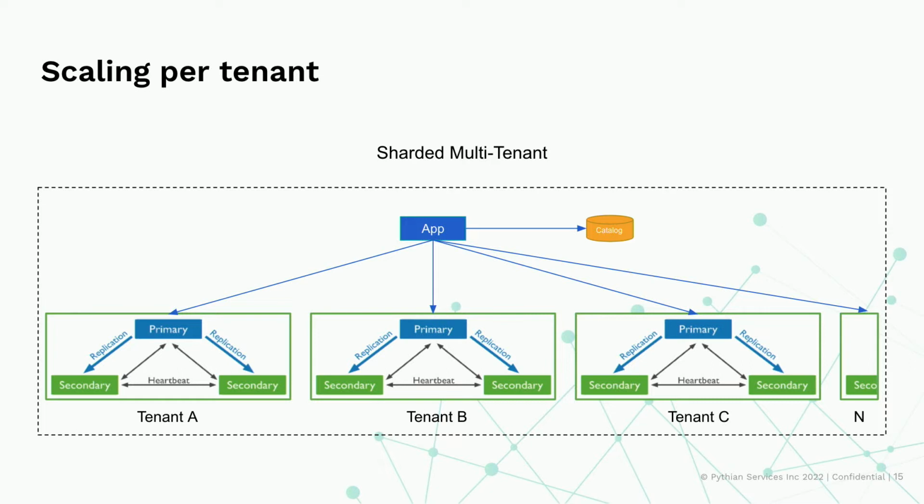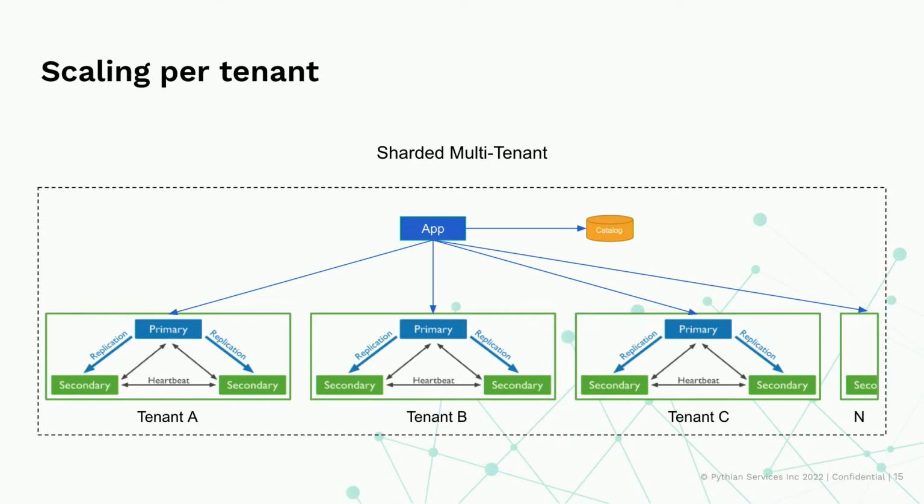And you can extend this up to having every single tenant in its own database. Of course, there will be the catalog database where you store the metadata. And this is a fairly good scalability model if you know approximately that all your tenants can fit and run in a single replica set.